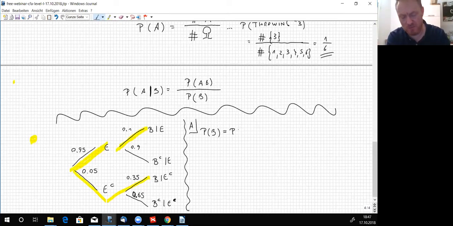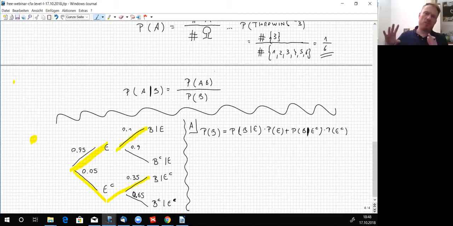Meaning P of B is equal to P of B given that E happened first, multiplied by the probability of E having happened first, plus the second way, the probability of B happening if the other prerequisite, non-E, the complement of E, has happened first, multiplied by the probability of that event.